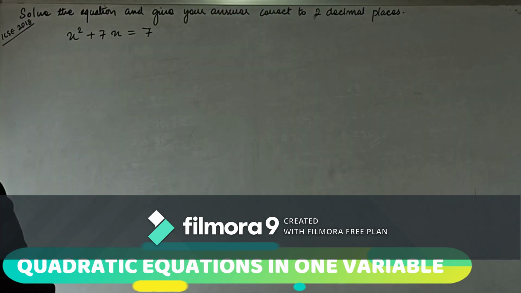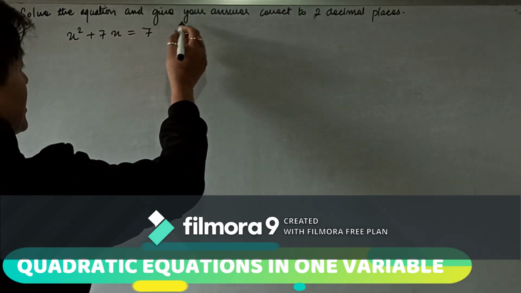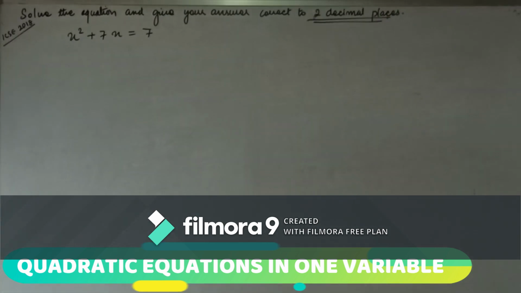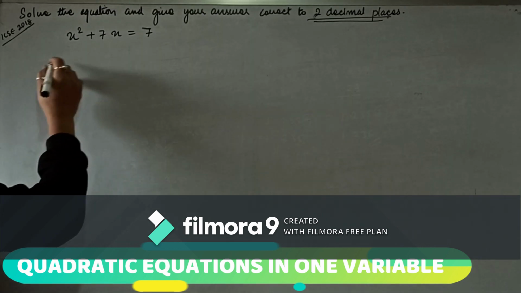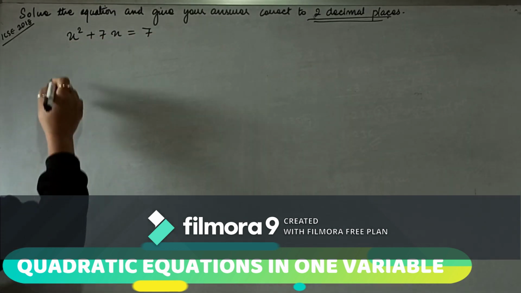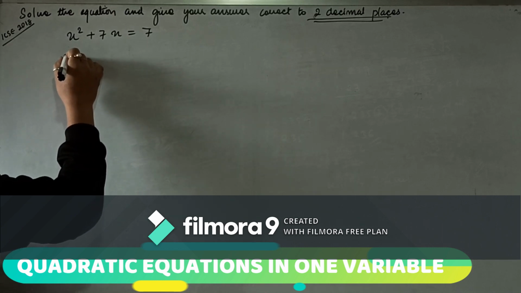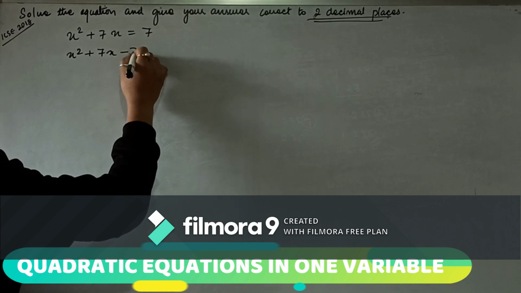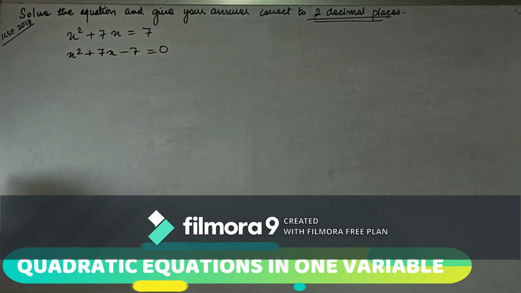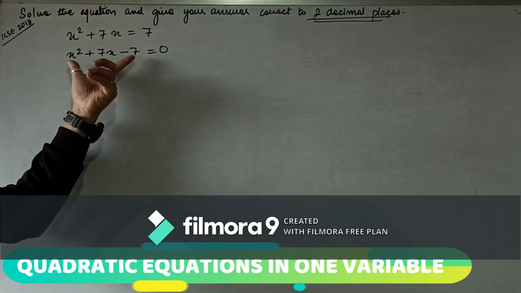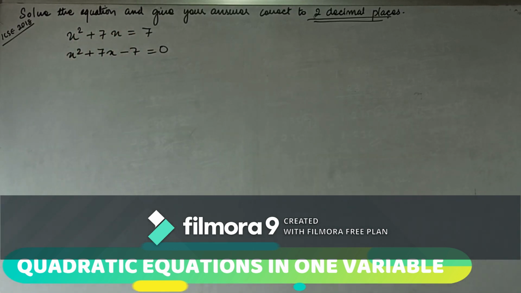Now here, solve the equation and give your answer correct to two decimal places. You have to see this very carefully. This is not in quadratic equation form, so first change this into quadratic equation form: x square plus 7x minus 7 is equal to 0. We have to make sure that whatever equation is given, first we change it into quadratic equation form.